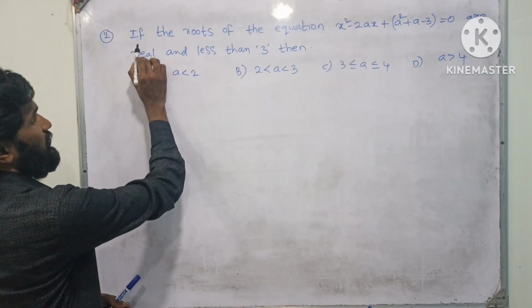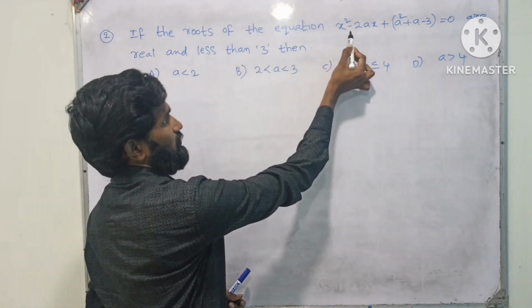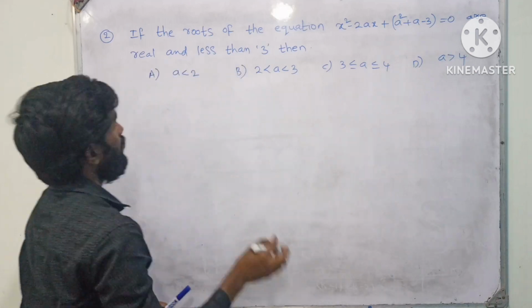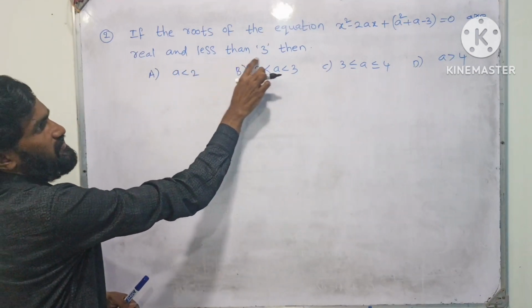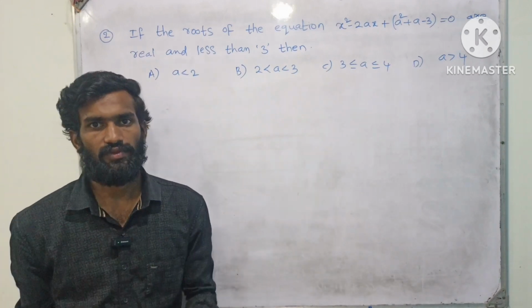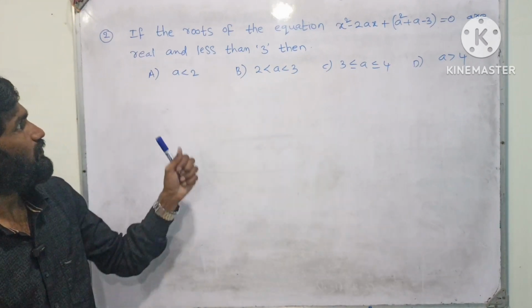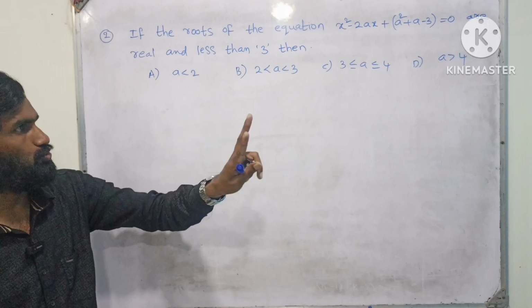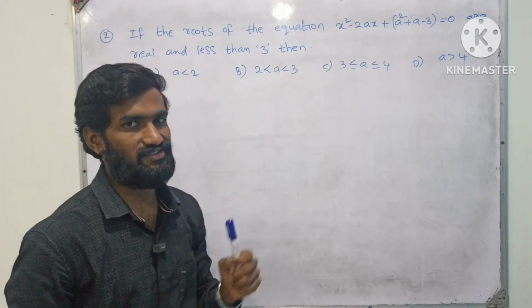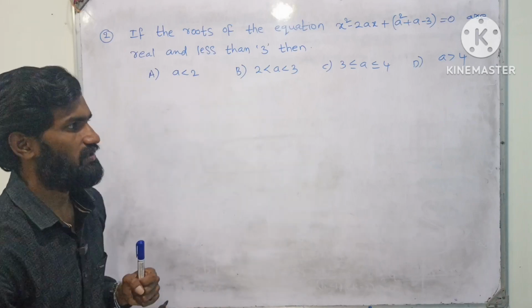The problem is, if the roots of the equation x square minus 2ax plus a square plus a minus 3 equal to 0 are real and less than 3, then which option is correct, he is asking. Two roots are real and less than 3.